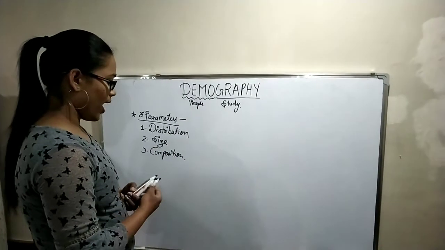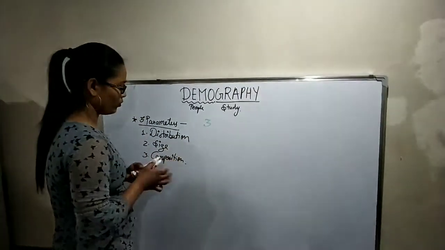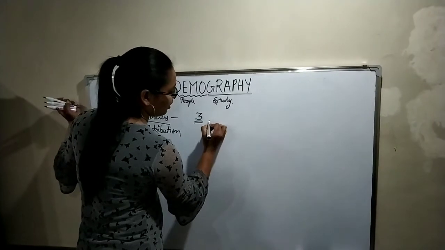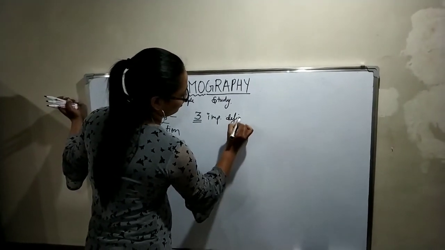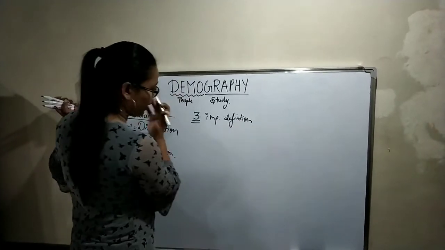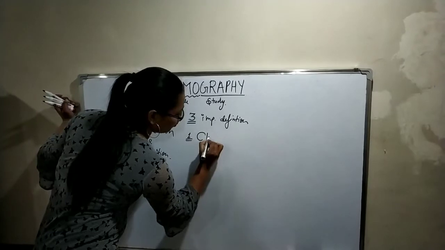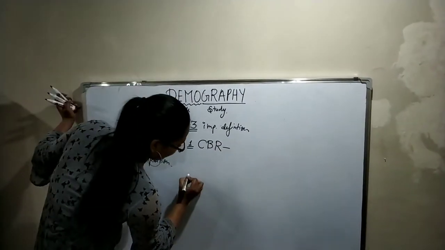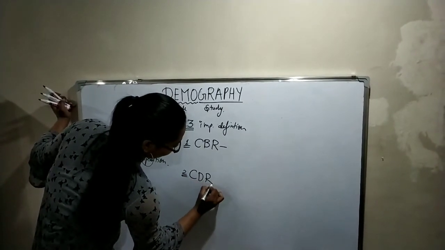So, now we have three important definitions. First is crude birth rate. Second, crude death rate.